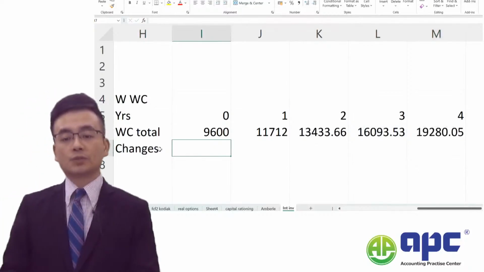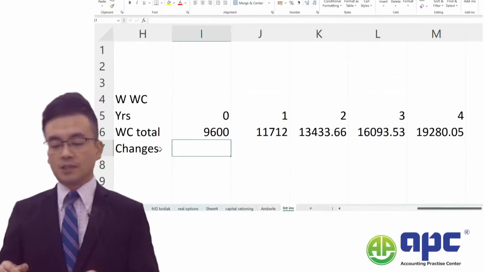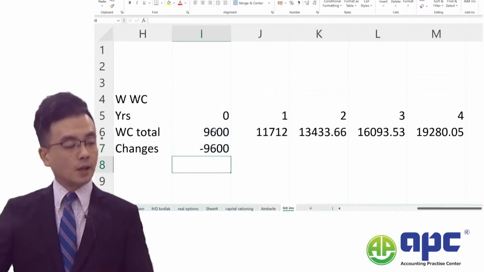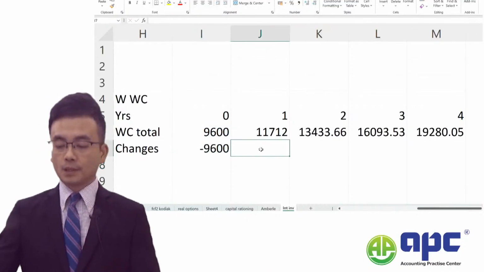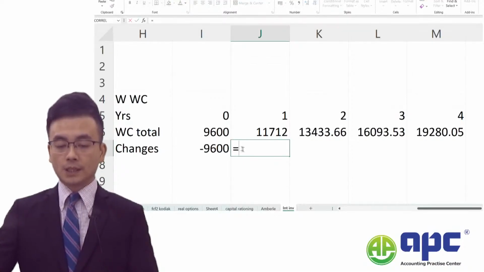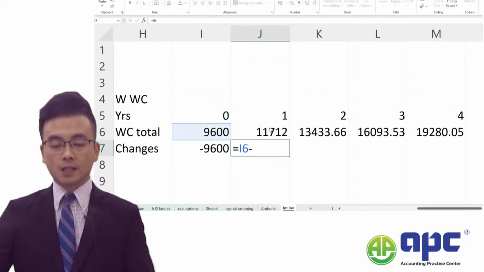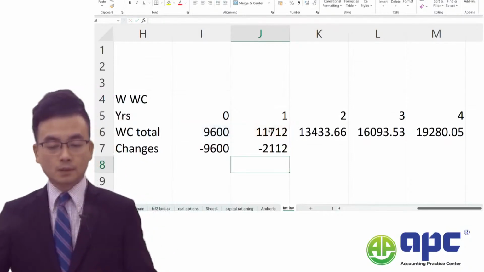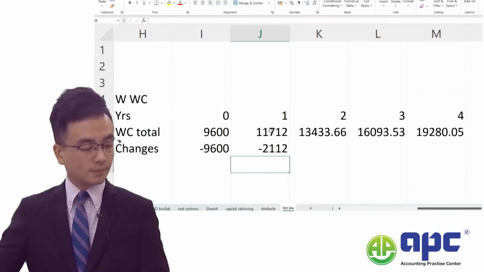So that's why the changes from year 0, the left-hand side will be 0, 0 minus 9,600, being 9,600 up front. And then we take left-hand side minus right-hand side for year 1. That would be 2,000, all right, 112.